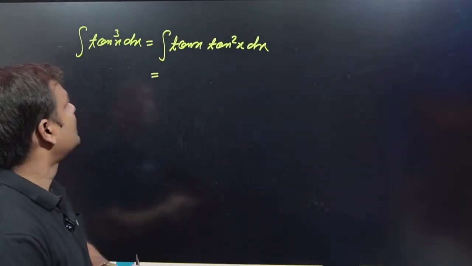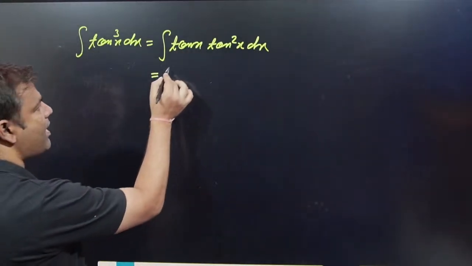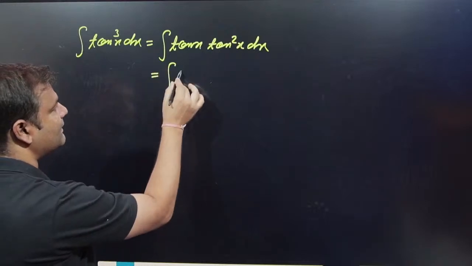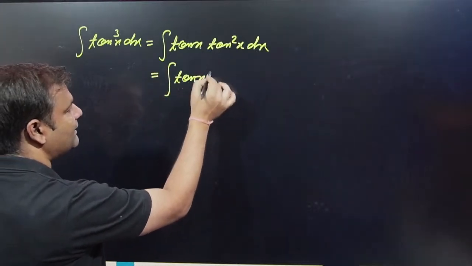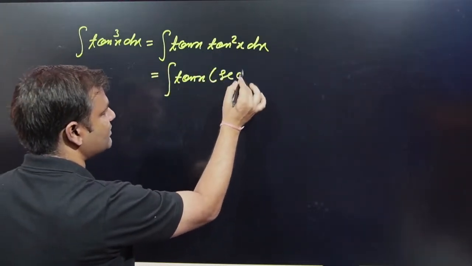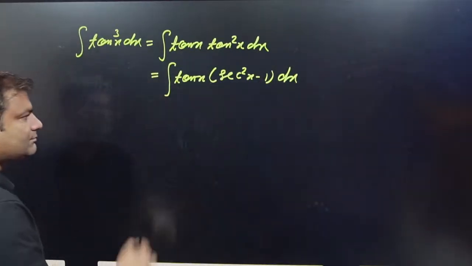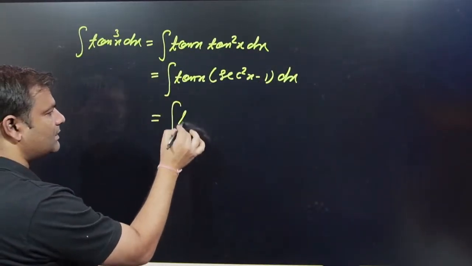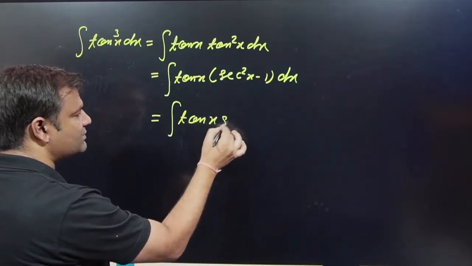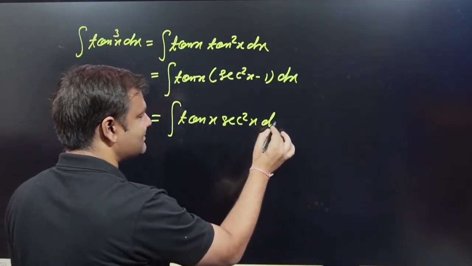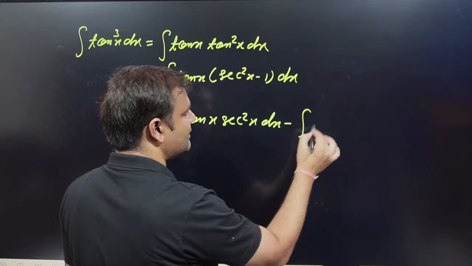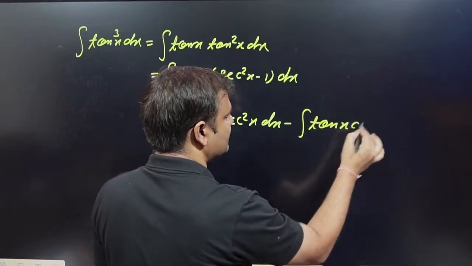So after that, here tan x and this tan square x is replaced by sec square x minus 1 dx. Look here. So tan x into sec square x dx minus tan x dx.